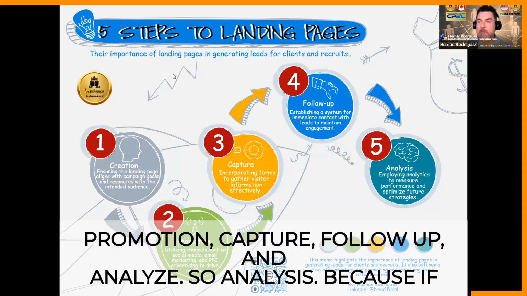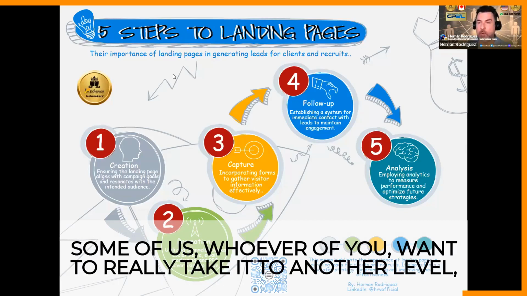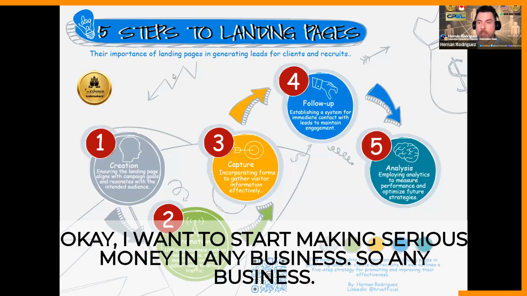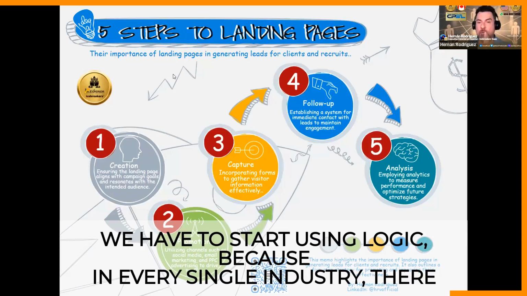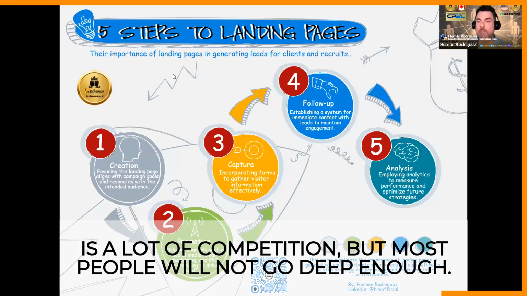So analysis. Because whoever of you wants to really take it to another level and start making serious money in any business, but in financial services especially, we have to start using tools and logic, because in every single industry there is a lot of competition, but most people will not go deep enough.